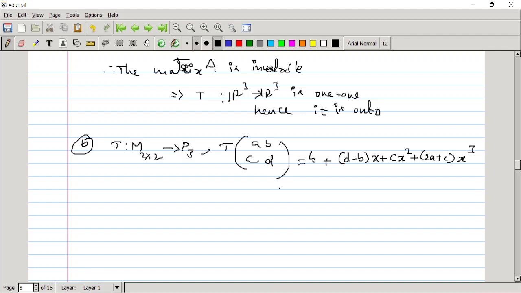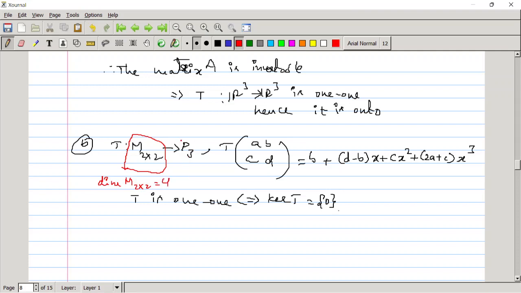To check whether this linear transformation is one to one, it is enough to check whether kernel T is the singleton set 0. This is because the dimension of the domain M2 cross 2 is 4, and similarly the dimension of P3 is also 4.